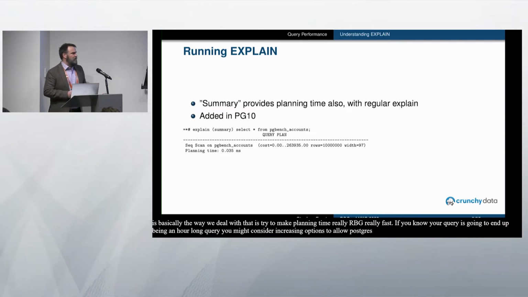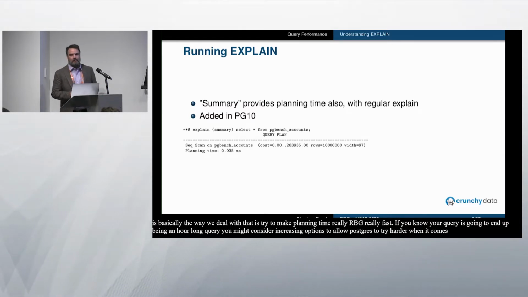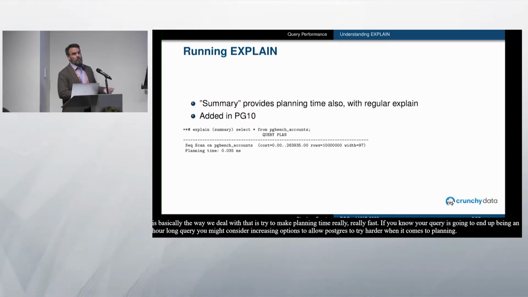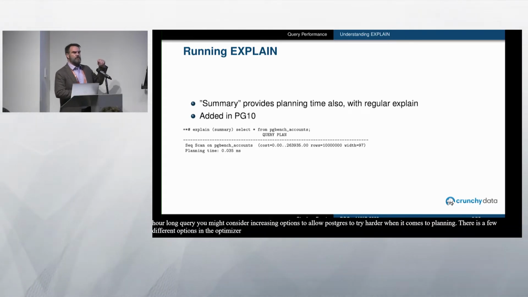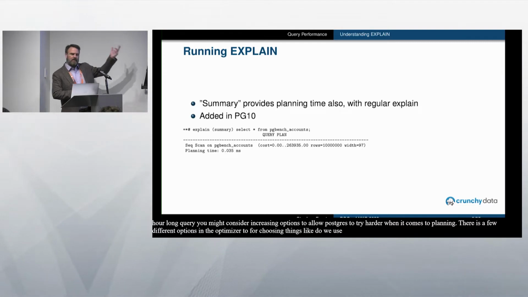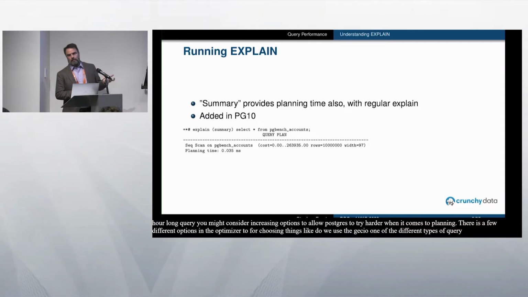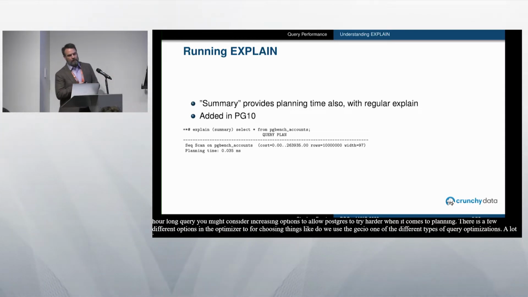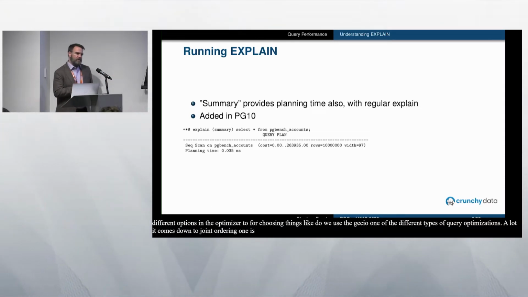There are a few different options in the optimizer for choosing things like whether we use GEQO, one of the different types of query optimizations. A lot of it comes down to join ordering. There are a couple of options: one is called from_collapse_limit, and the other is called join_collapse_limit.